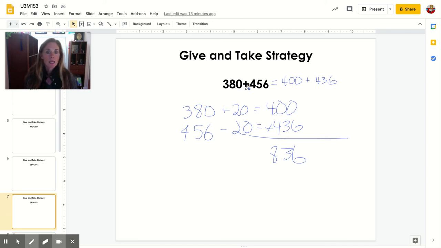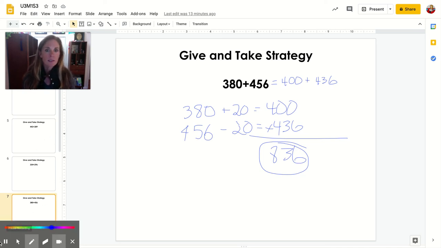So 380 plus 456 is the same as 400 plus 436. You end up with the same sum, and that is our goal. Our goal is to make our addition problems easier. And that is our lesson for today.